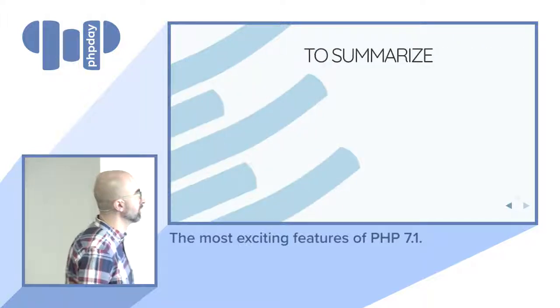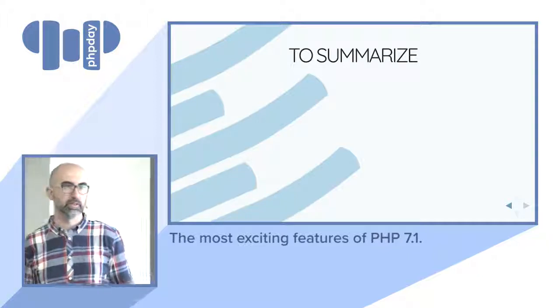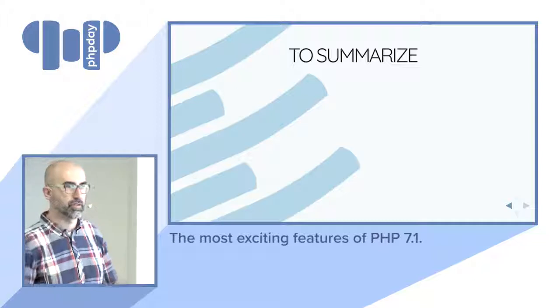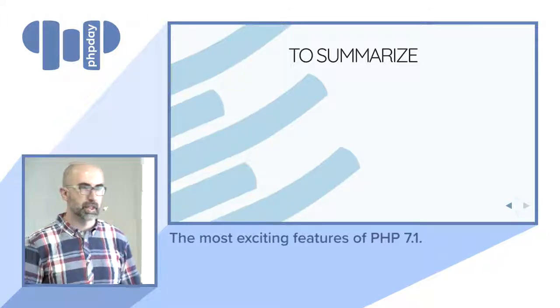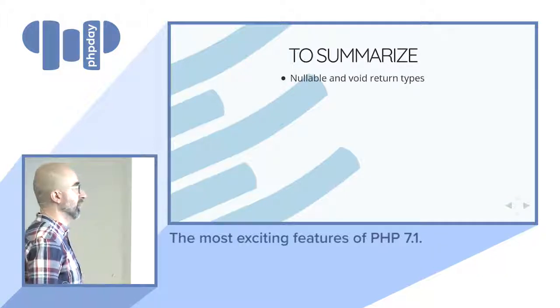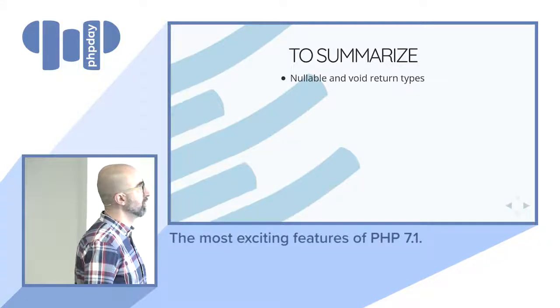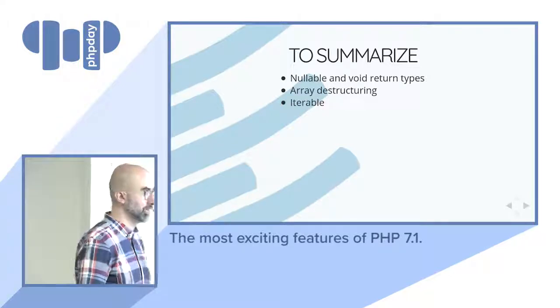Nothing special. To summarize, I presented you just some of the new features of PHP 7.1. There are more. If you're interested, you can go to the php.net website and see all the new features. Just as a reminder, we can use nullable or void return types. We can use array destructuring. We have iterable.